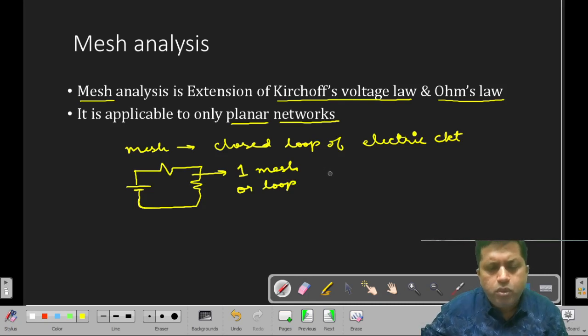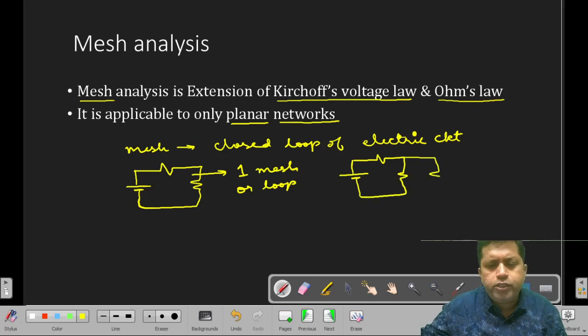Now if I take this second circuit, where there are around 3 resistances, it will have two closed paths.